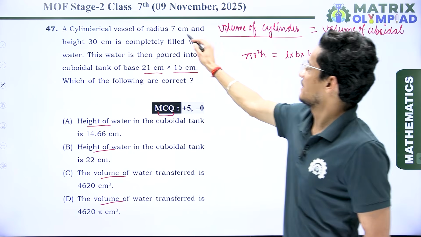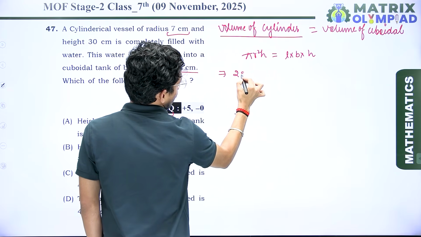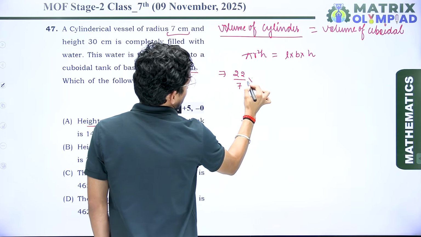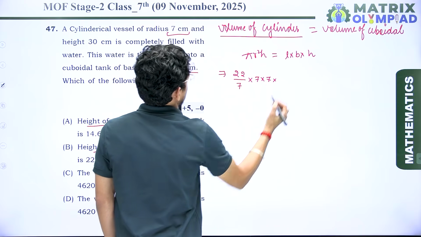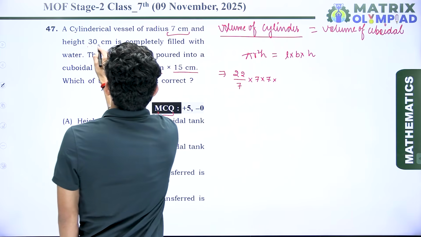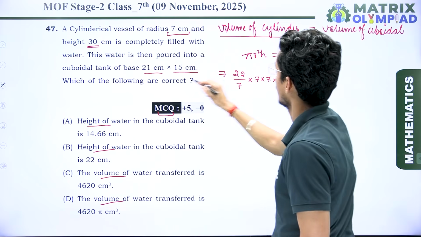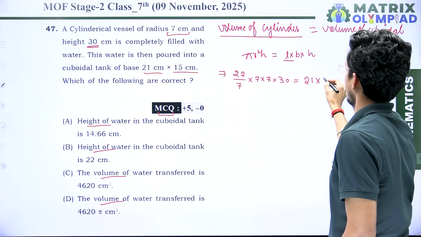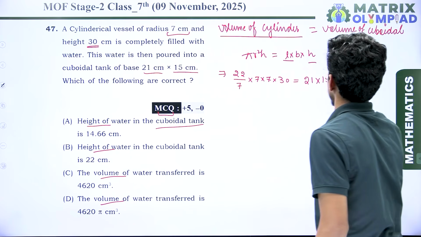The radius here is given as 7 cm. So I can write the value of pi, that is 22/7, multiply r, that is 7, multiply 7, and we have to find the height. The height in the cylinder is given as 30, the length is 21, the breadth is 15, and we have to find the height of the cuboidal tank, so I can write h.